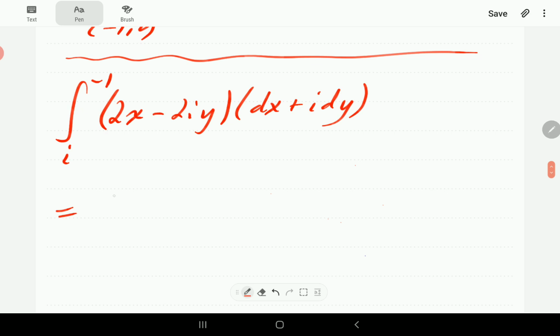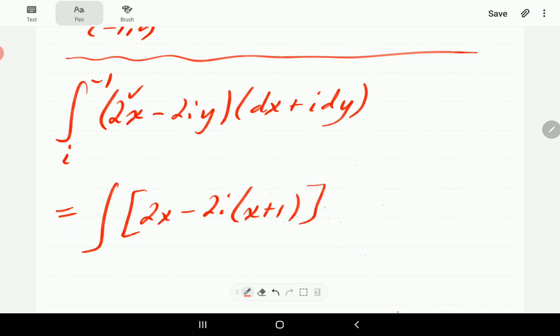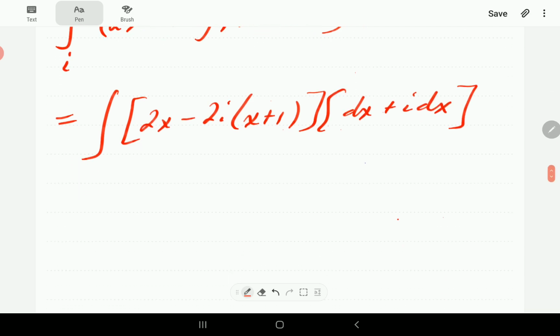If we write everything in terms of x, this term remains exactly as it is, but this one is going to be minus 2i, y is x plus 1, then dx remains exactly as it is. dy, we just said, is also going to be dx.